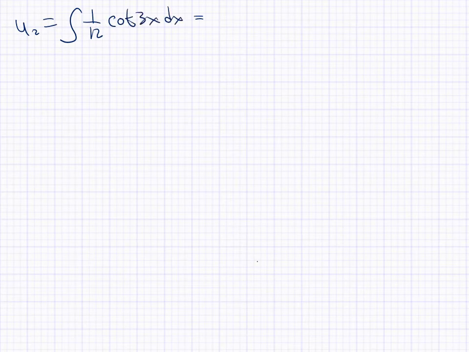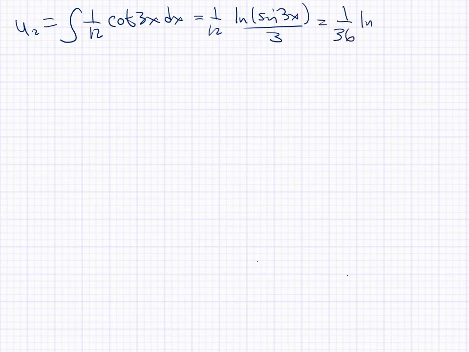And so you should know how to do that integral. So that's going to be, 1/12 is going to come out. So I'm going to get, the integral of cotangent is log of the sine. So log of the sine of 3x. And then it's going to be over 3 because of the 3x. So I'm going to end up with 1 over 36 log of the sine of 3x.